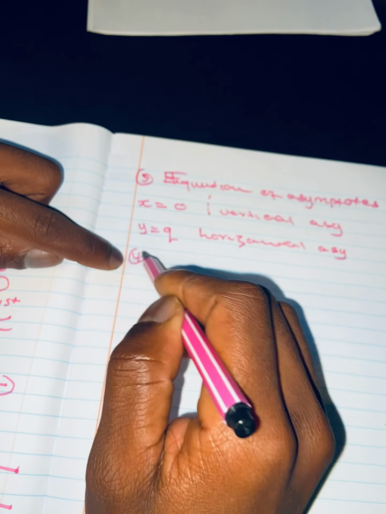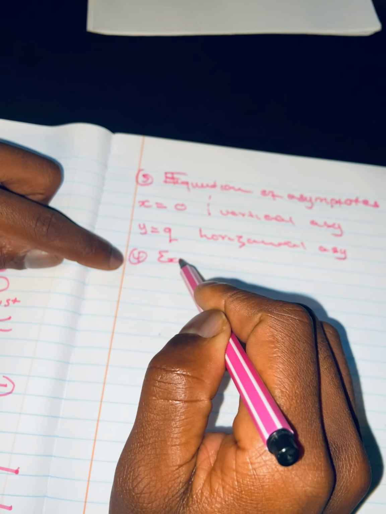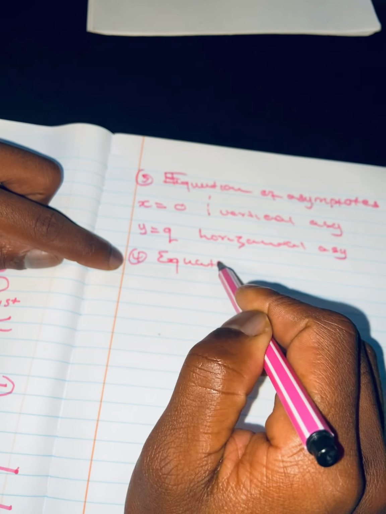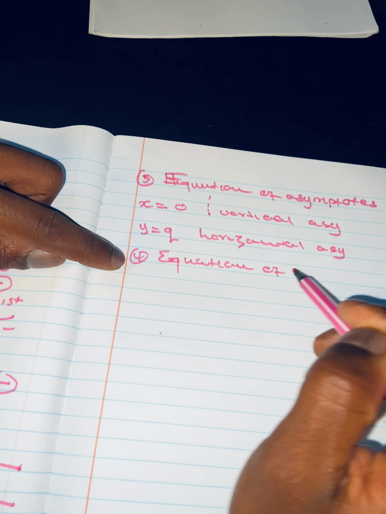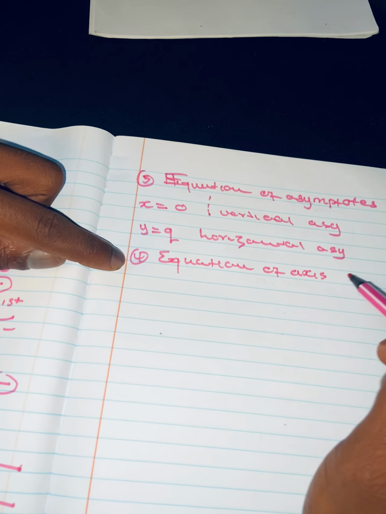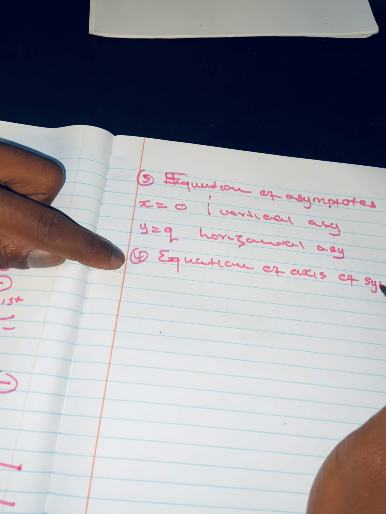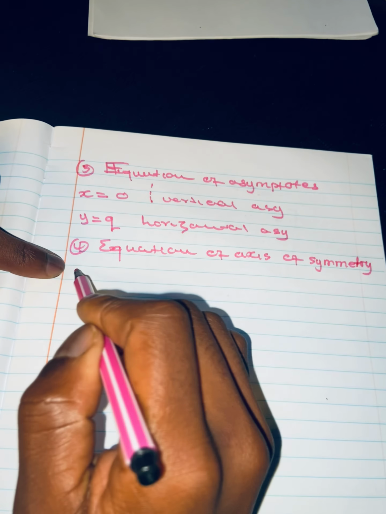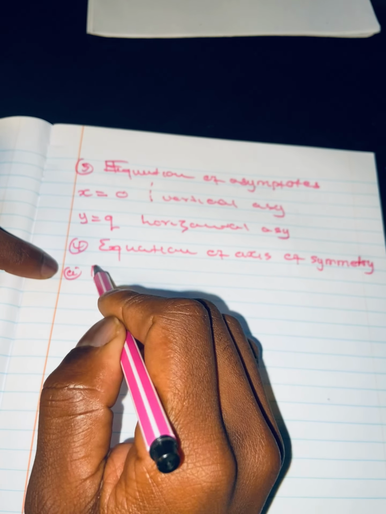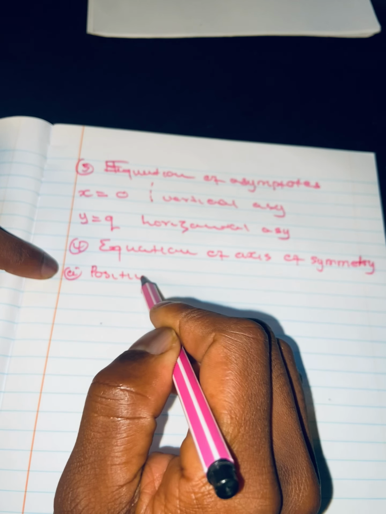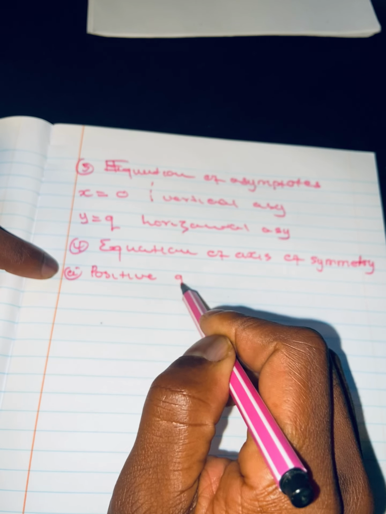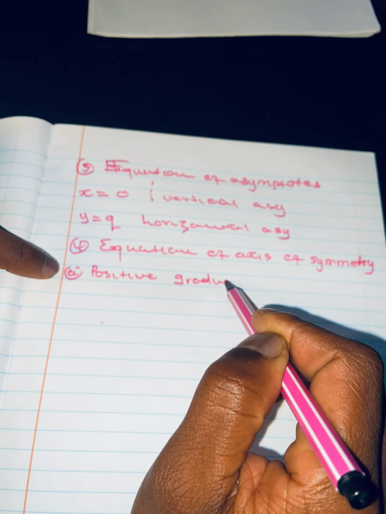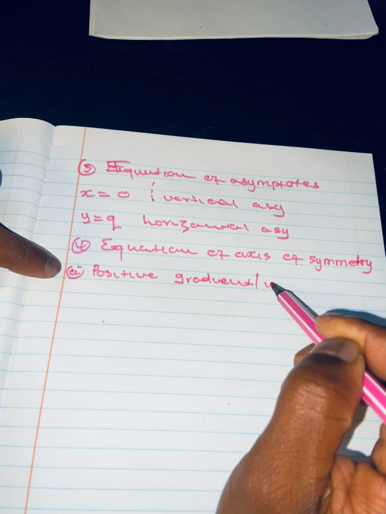Then number 4, we also have equations of axis of symmetry. So equations of axis of symmetry, guys, they are also 2. They result in 2 parts. We have the one that has a positive gradient, or sometimes they might say increasing.